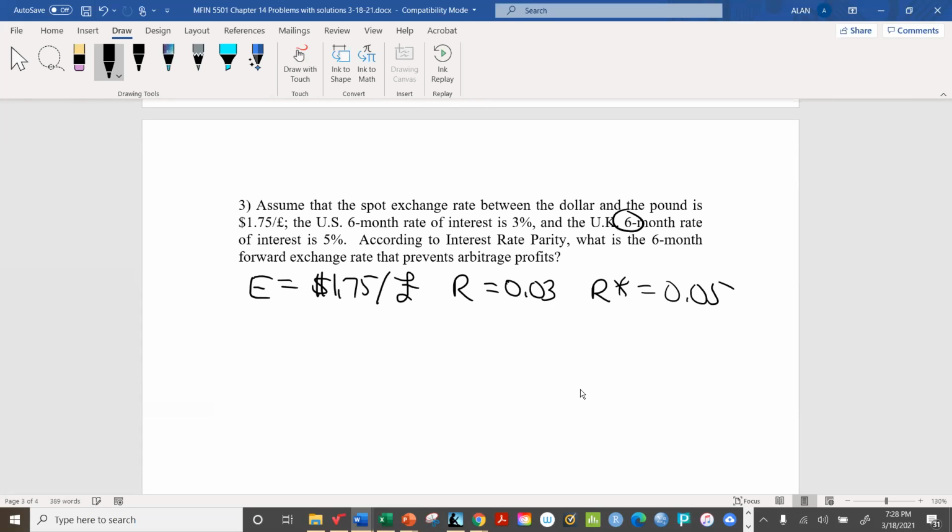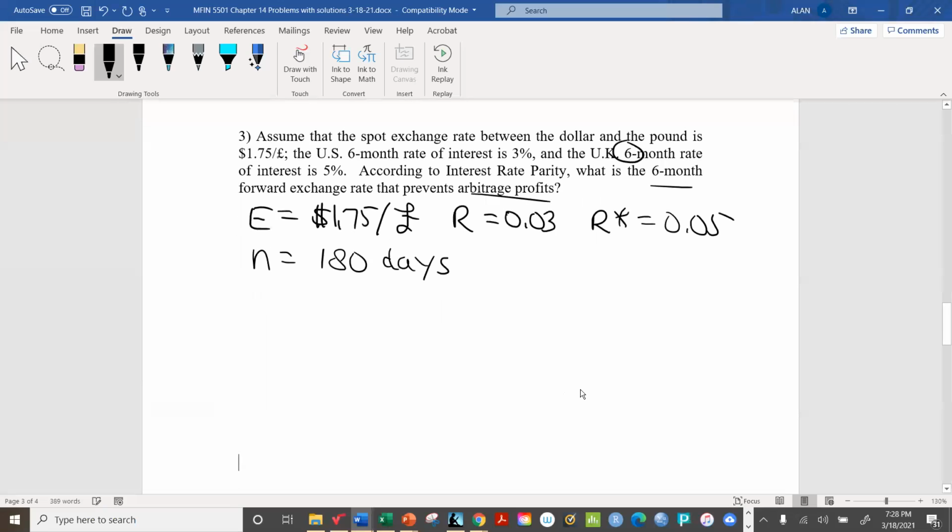And we're looking at 6 months or 180 days as the time until the forward contract that we're entering into will mature. So they want to know, what is the 6-month forward exchange rate that prevents arbitrage profits? Or that's just another way of saying calculate F from the interest rate parity condition. And that's all you have to do.